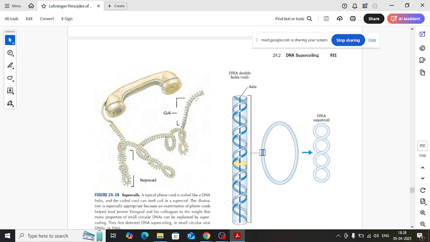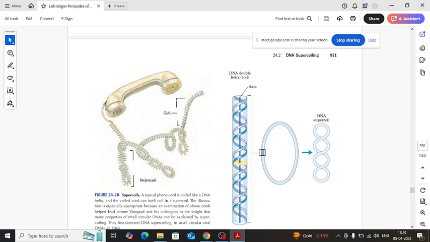Like that, DNA can also have helical turns, right? Each helical turn means each coil, so that's why it is coiled. Now, if there is coiling over coiling, for example this part, see, there is coiling over coiling. This is called supercoiling, right? Again, there is coiling over coiling, so this is called supercoiling.